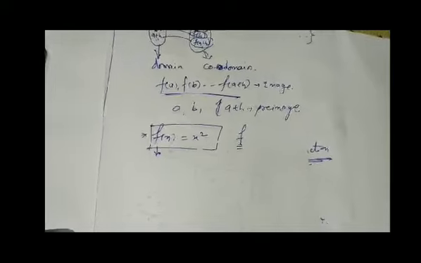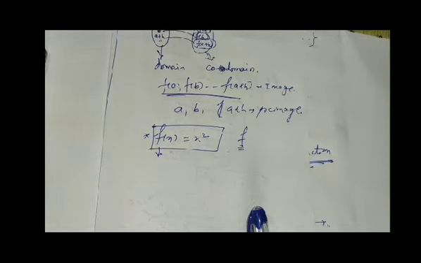Actually, in 12th standard and also in 11th standard, we have discussed some types of functions: constant function, polynomial function, logarithmic function, trigonometric function, and so on. I suggest you please revise it.